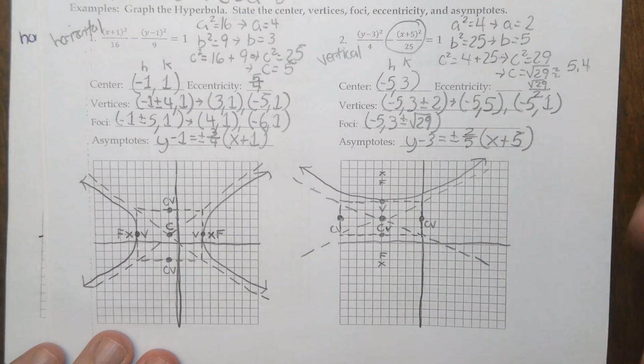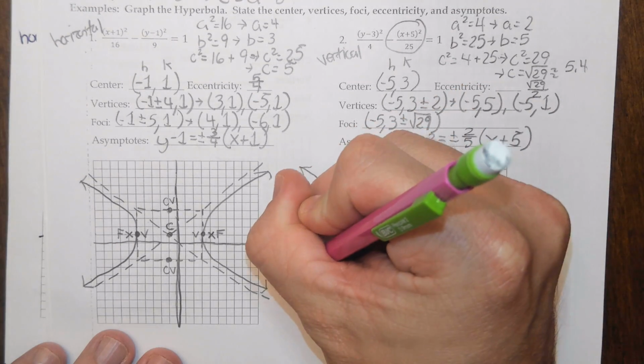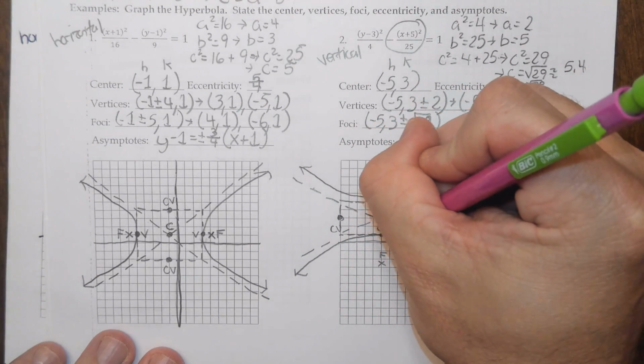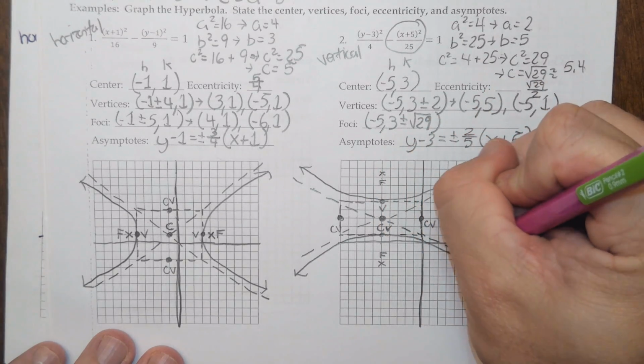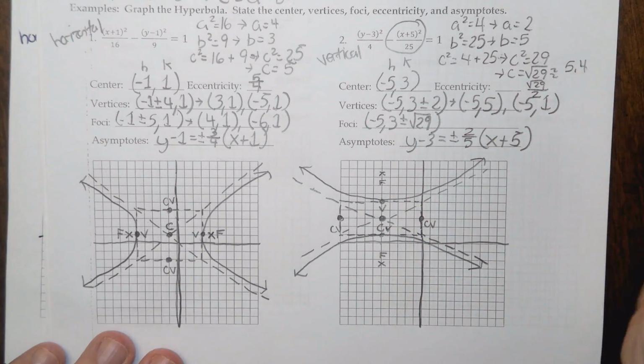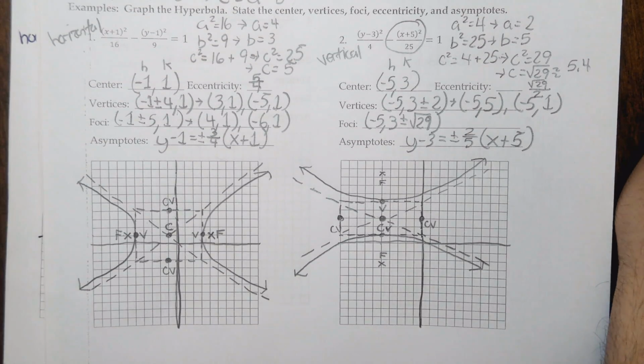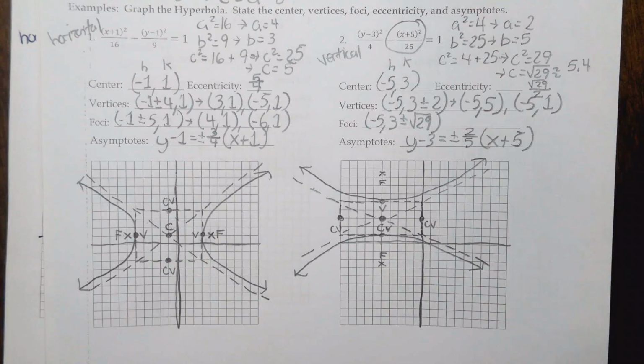There's one, here's the other. They always come from the vertices, never from the co-vertices. You're never going to draw a hyperbola on the co-vertices. If it's vertical, the hyperbolas look like parabolas opening up and down. If it's horizontal, they look left and right.